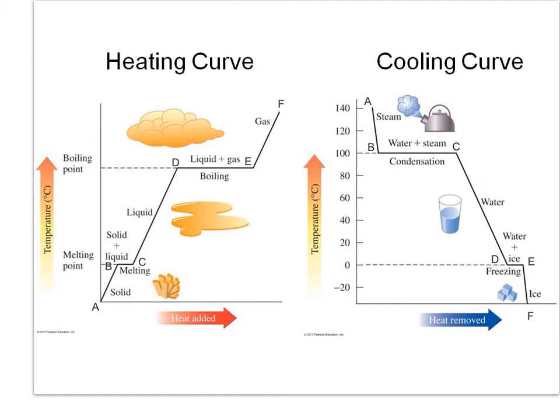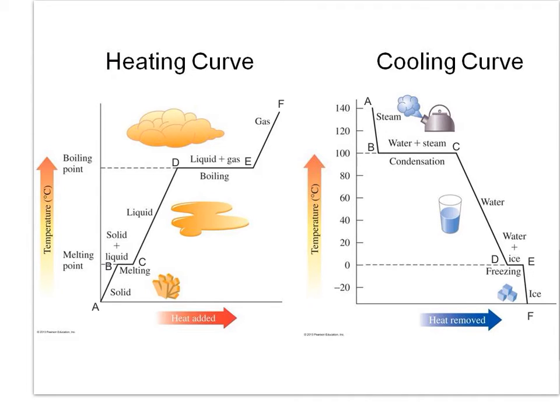So when the substance comes to point E, it has turned completely to a gas or a vapor, but still exists at the boiling point of the substance. E to F, the vapor temperature increases with absorption of heat.